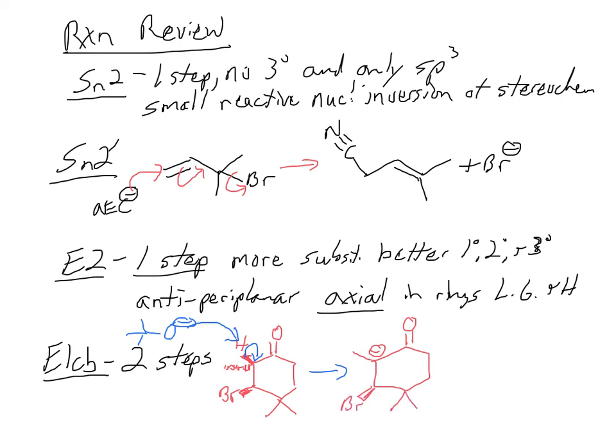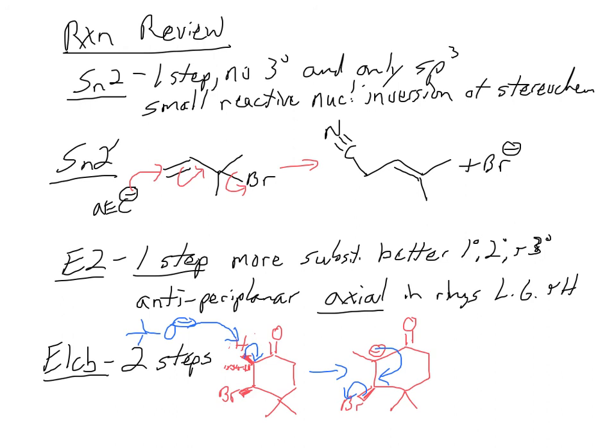So it's actually this intermediate. E1CB stands for elimination unimolecular conjugate base. So this is the conjugate base. So essentially you form this conjugate base, and then what it can do, it can finally just do this elimination and kick it down.